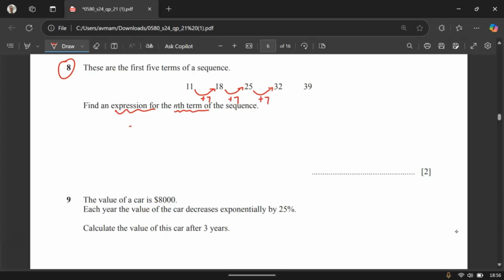So immediately you can write 7n. And now n is equal to 1. So when n is 1, 7 times n will give you 7. Now if you look at the first term of the sequence, that's 11. So we need to add 4 to get 11, right? So 7n plus 4.